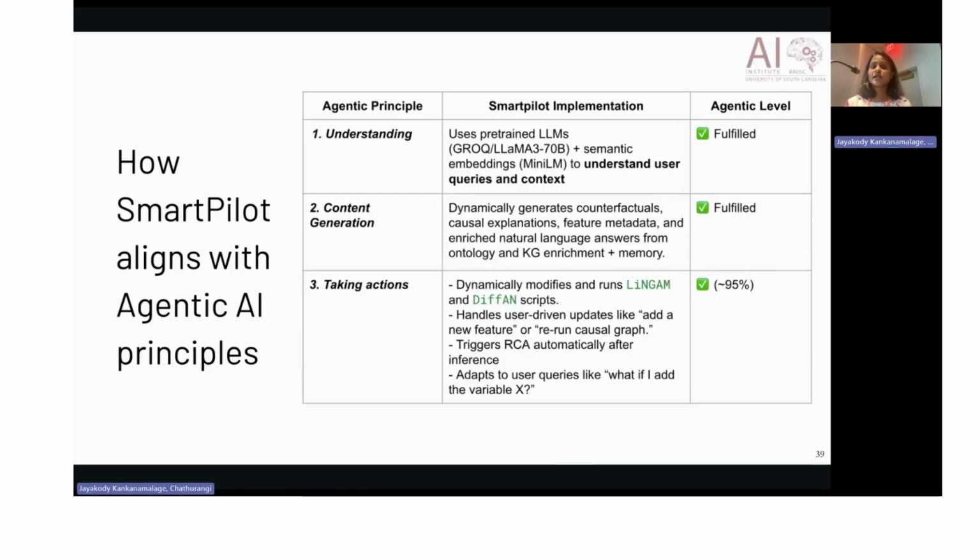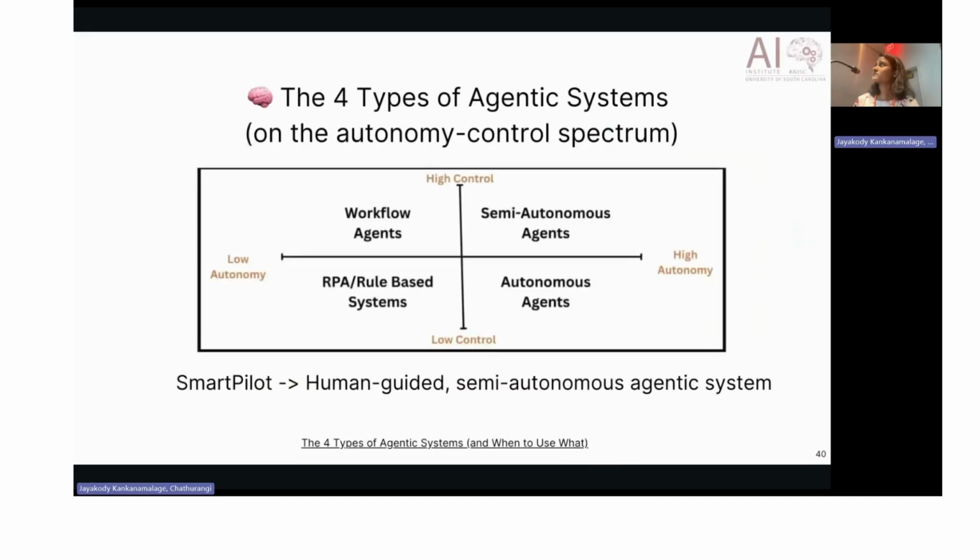So we have achieved almost fully the understanding and agentic content generation sections, while we have done most of the action part as well. And then let's see which type of agentic system our SmartPilot falls on.